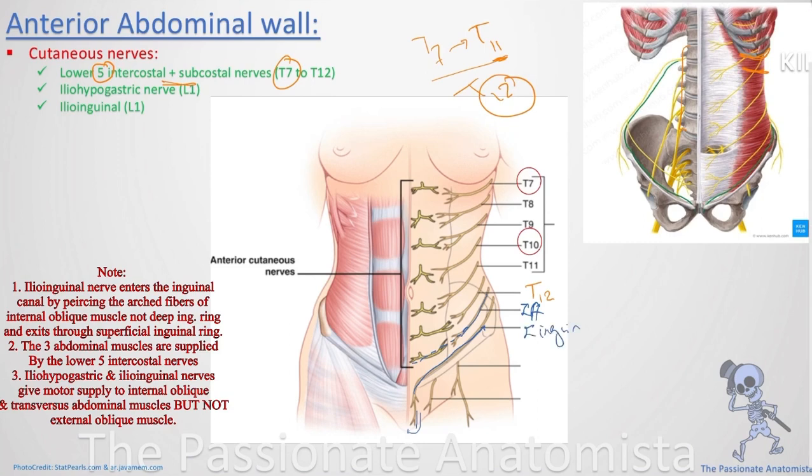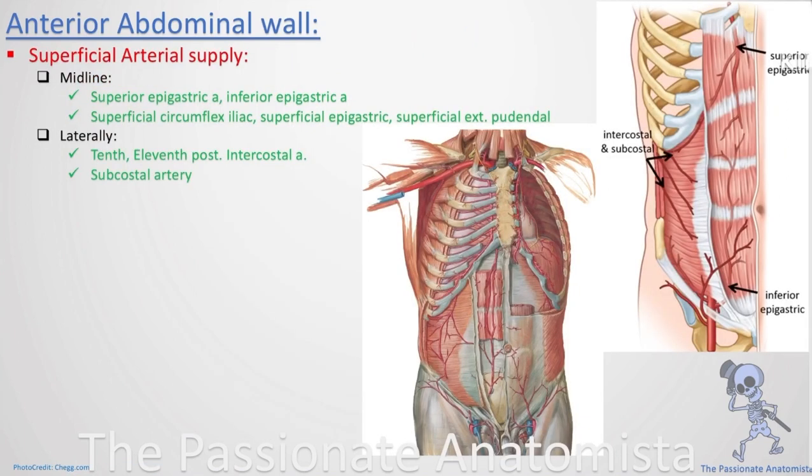All right, so the innervation is simply these 4 types of nerves: intercostal, subcostal, iliohypogastric, ilioinguinal, and this is the distribution in order.